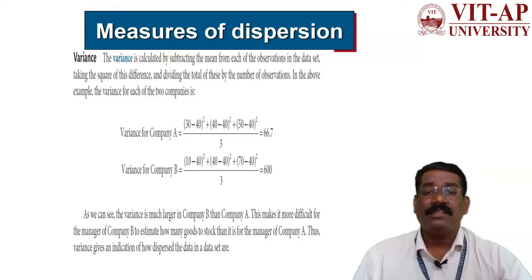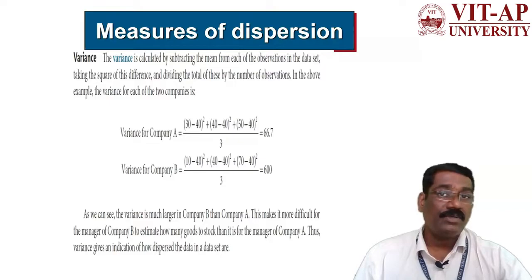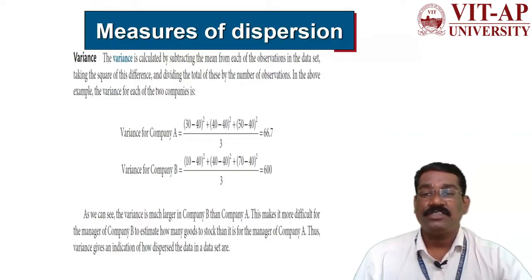Let's take the earlier example here. The variance for each of the two companies, company A and company B, is very clearly depicted here.